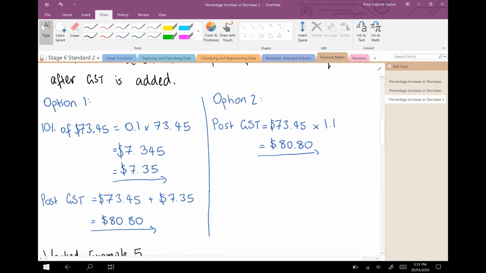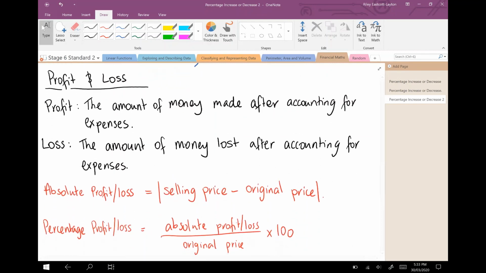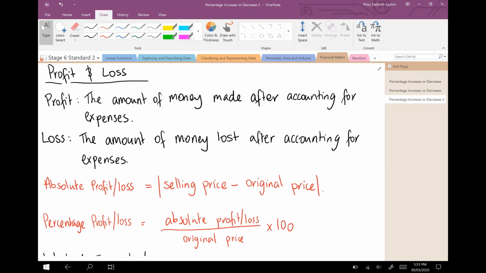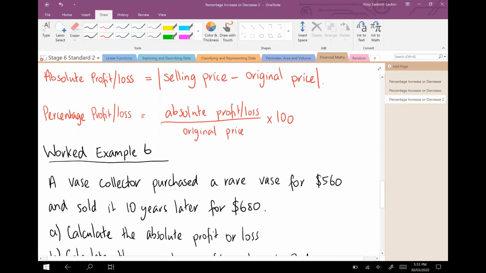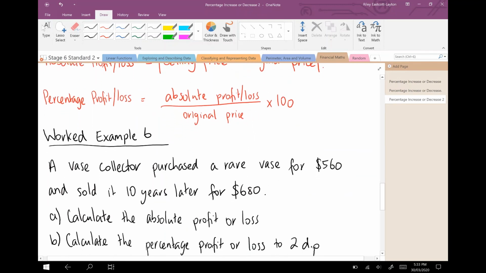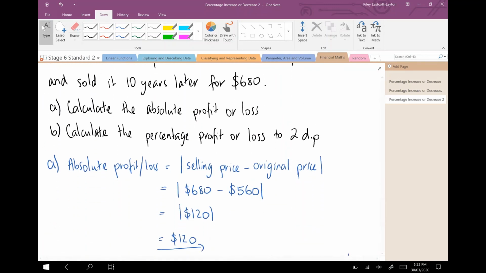We applied this to an example about a tennis racket and a cricket bat, and then we looked at profit and loss. Profit is just how much money we make after we account for our expenses, and loss is how much money we've lost after we account for our expenses and our revenue, whatever we made. And then we finished off with absolute profit and loss and percentage profit and loss, and then did another example.